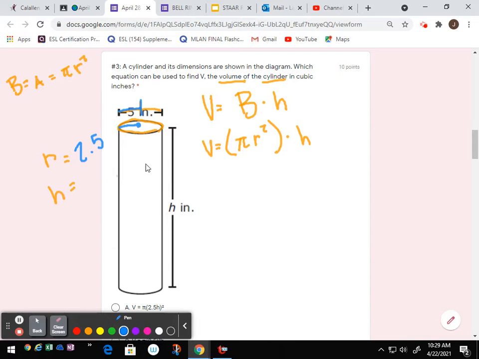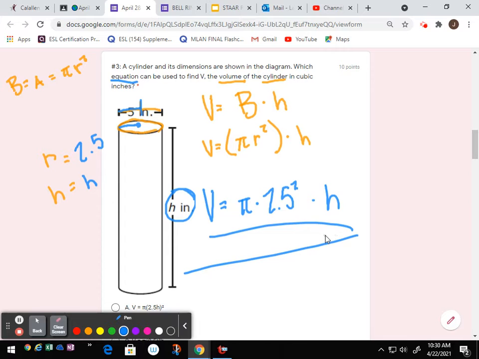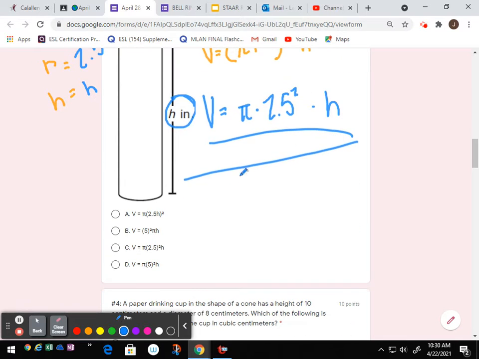Then height is the height of the whole cylinder, and it doesn't give us our height, so we'll just put H. Since it only wants us to find the equation, let's plug everything in: V equals pi times 2.5 squared times H. There is our equation. Now let's see our answer choices and which one matches what we just wrote.